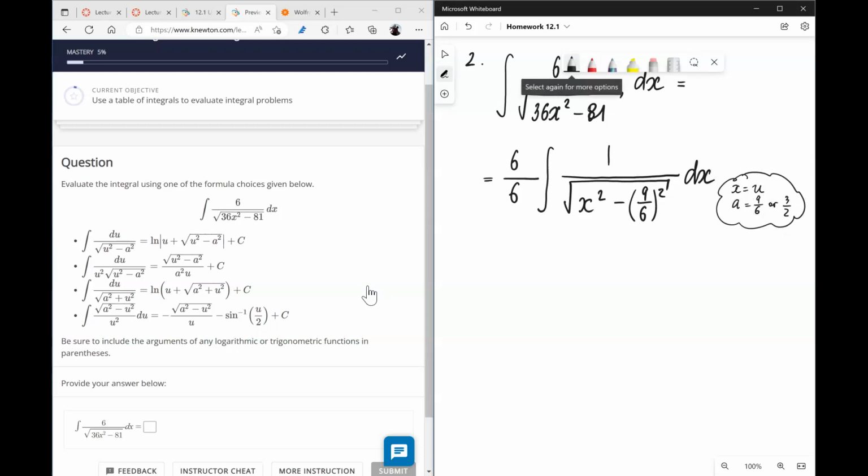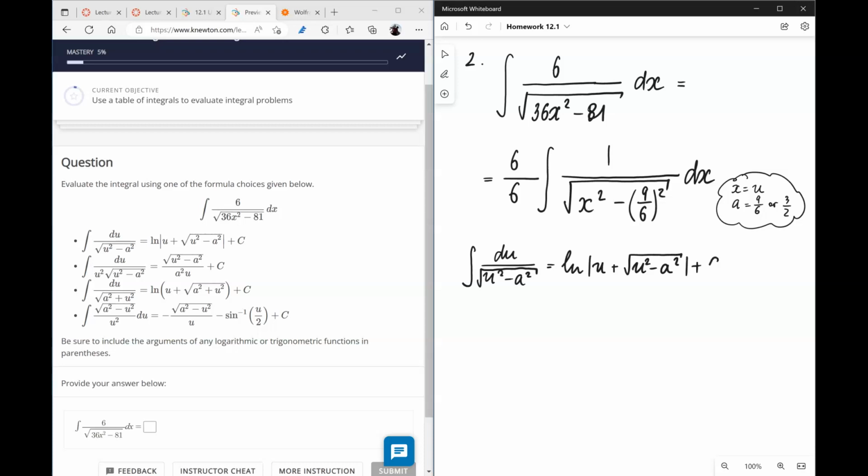Now, according to the table, or according to this piece of knowledge that we're getting from this hint, we have an integral of du over square root of u squared minus a squared to be equal to ln of u plus square root of u squared minus a squared plus c.